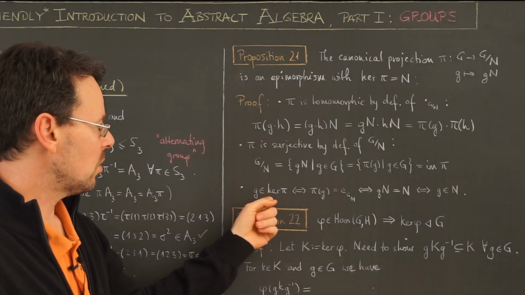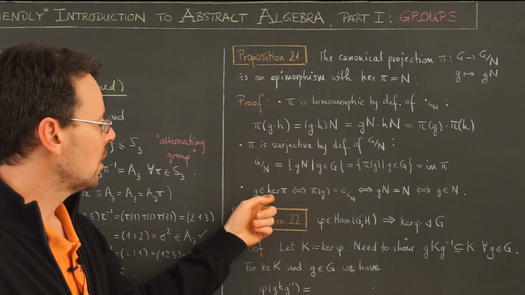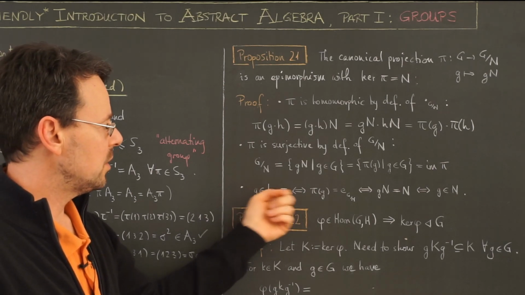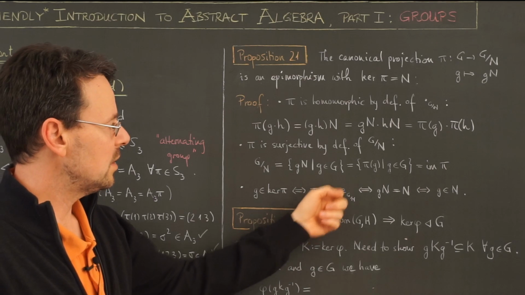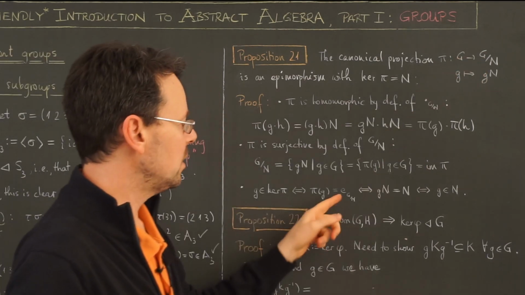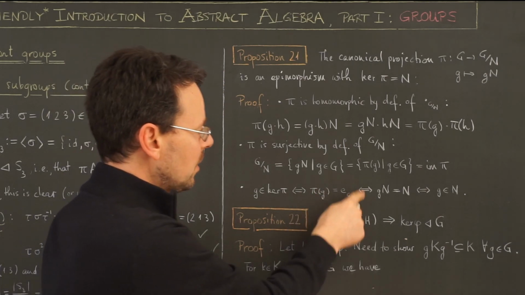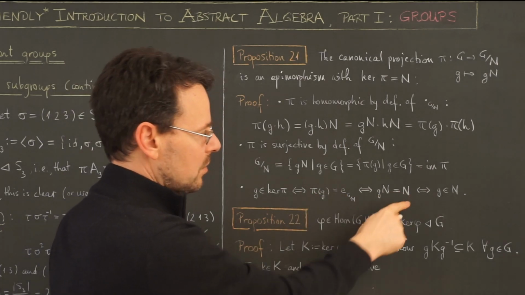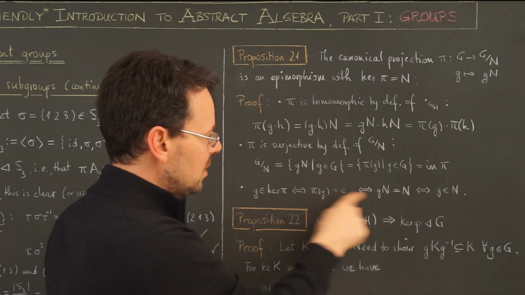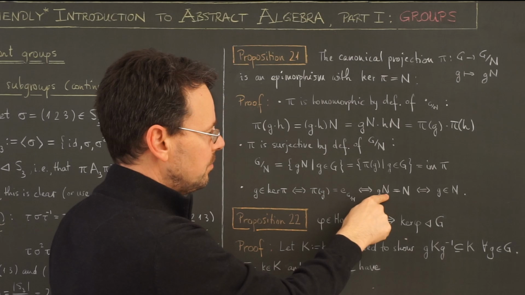Now what about the kernel of pi? An element g is in the kernel of pi by definition if and only if pi of g is the neutral element, or the identity, of this group, but this is nothing but the left coset of the identity, or simply N, and this is gN.